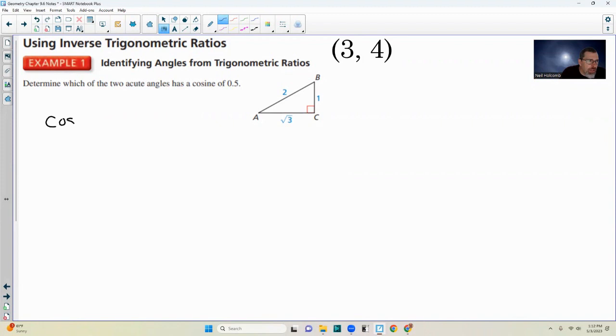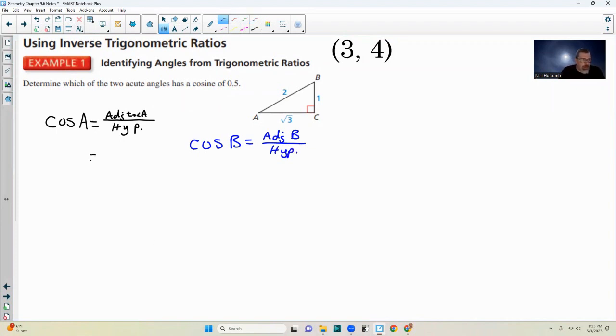The cosine of angle A equals, remember, cosine is adjacent to angle A divided by the hypotenuse. And if I'm going to find the cosine of B, that will be the side adjacent to B over the hypotenuse. All right, so there's our setup.